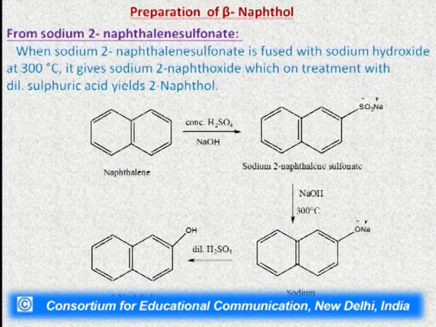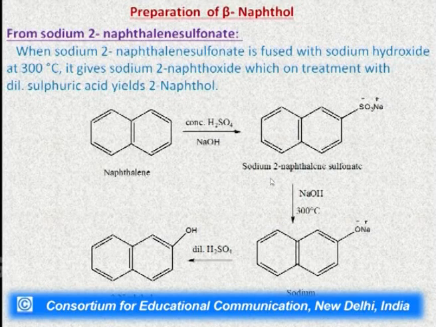Now comes the preparation of beta naphthol. Beta naphthol can be prepared from sodium 2-naphthalene sulphonate, which can be prepared from naphthalene by sulphonation. Sulphonation of naphthalene at high temperature will give us beta naphthalene sulphonic acid.